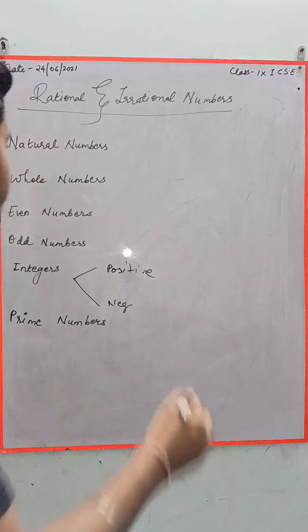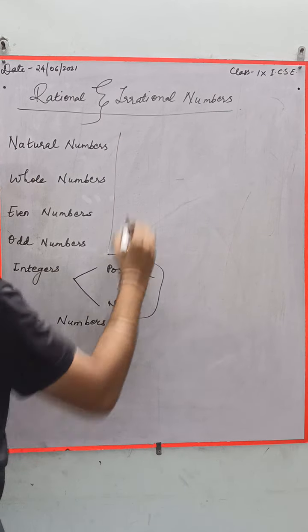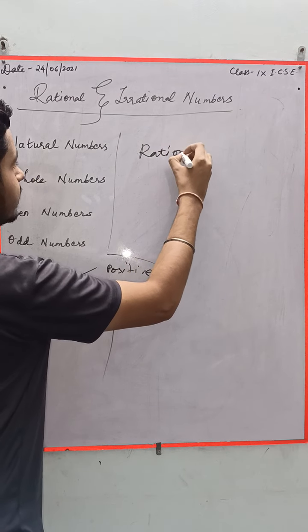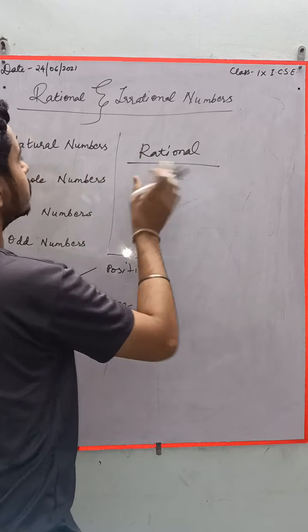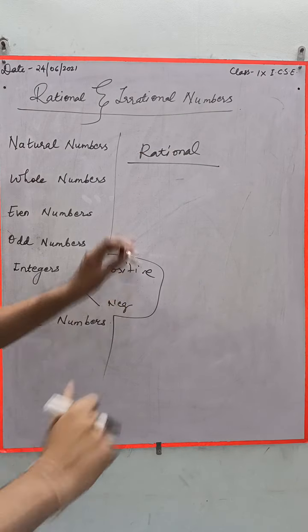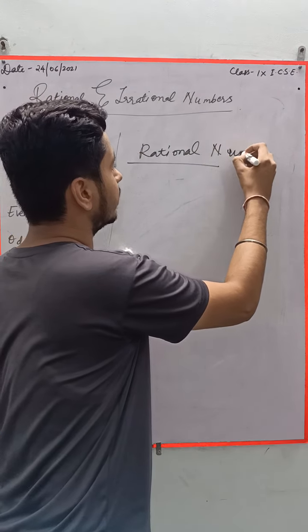Now coming to the main topic, that is rational numbers, which we are going to see in this chapter. So let's define what are called rational numbers.